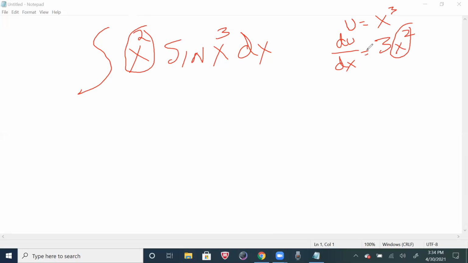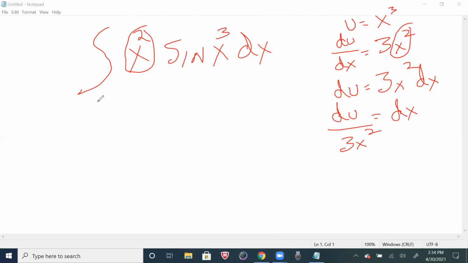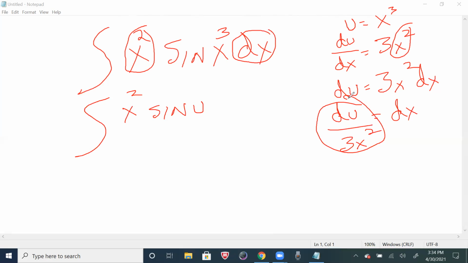And if I go ahead and solve this, it would be du equals 3x squared dx. And this is actually the way I prefer to solve it. Solve for dx. You get du over 3x squared. Now go back to your integral and substitute and leave the x there for the moment. This is definitely the sine of u. And I need to substitute something for dx, and that's going to be that.